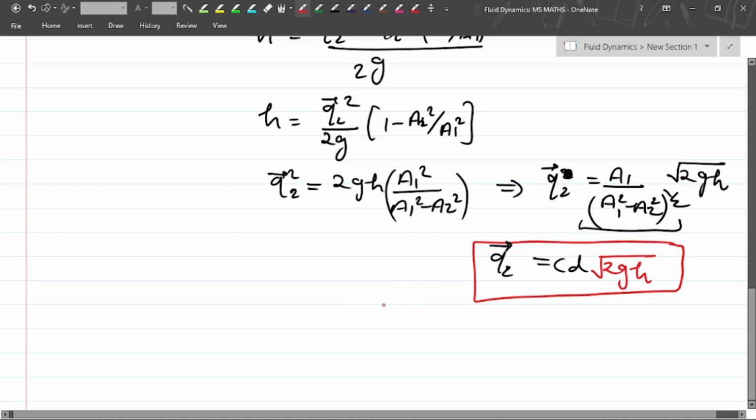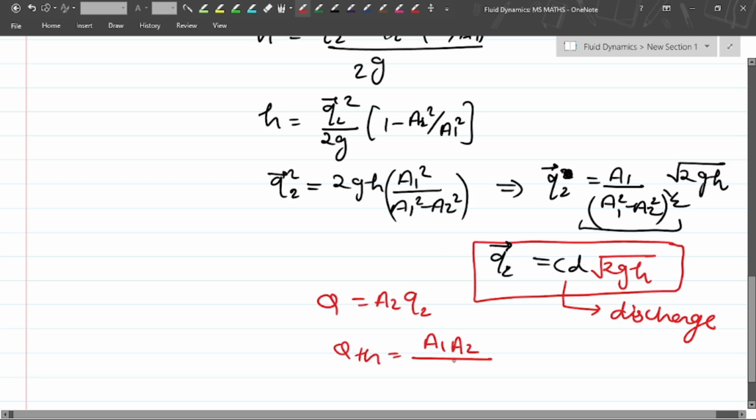This is known as the discharge coefficient. The discharge is A2 into Q2. So the theoretical Q will be A1 A2 upon root of A1 square minus A2 square into root 2gh.